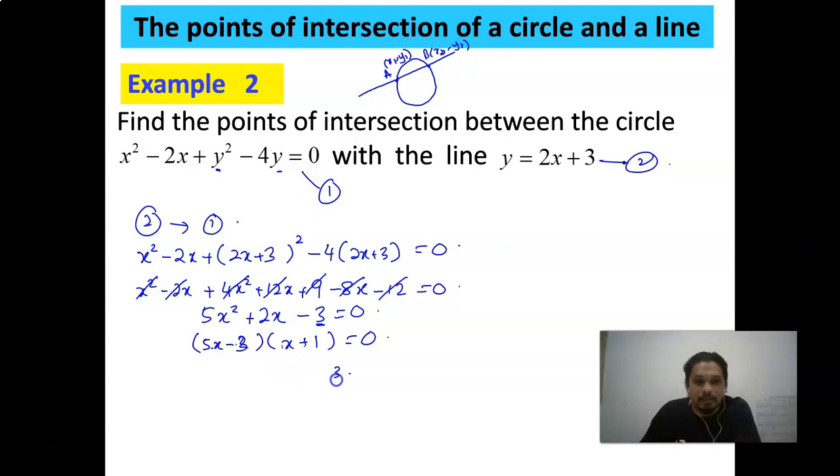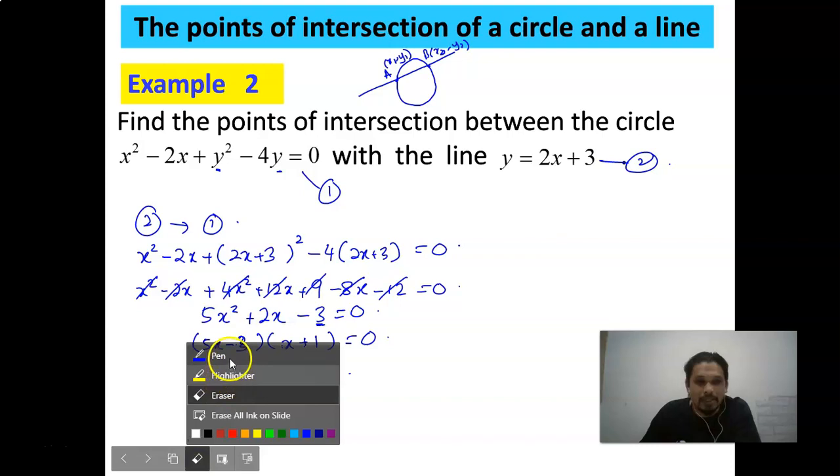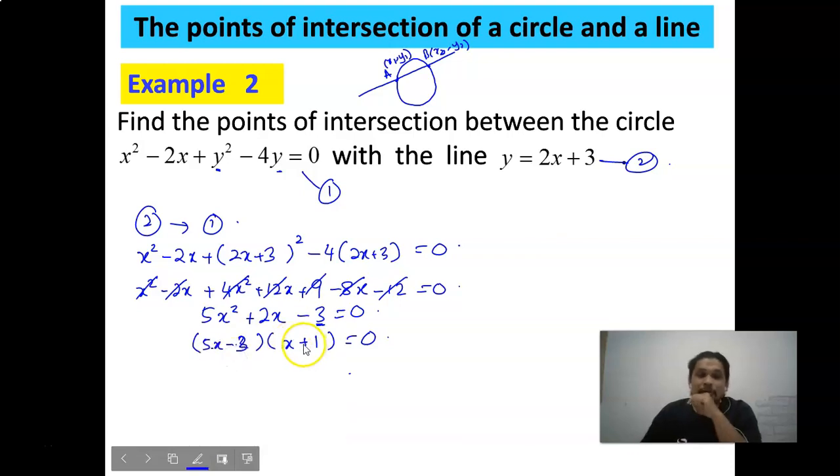Okay. I do hope all of you still remember the idea of how we are going to tackle this. With 5x squared, mostly we look at quadratic equations where the coefficient of x squared is equal to 1, but right now it is 5. We have no other choices. We only have 5x times x to get 5x squared.